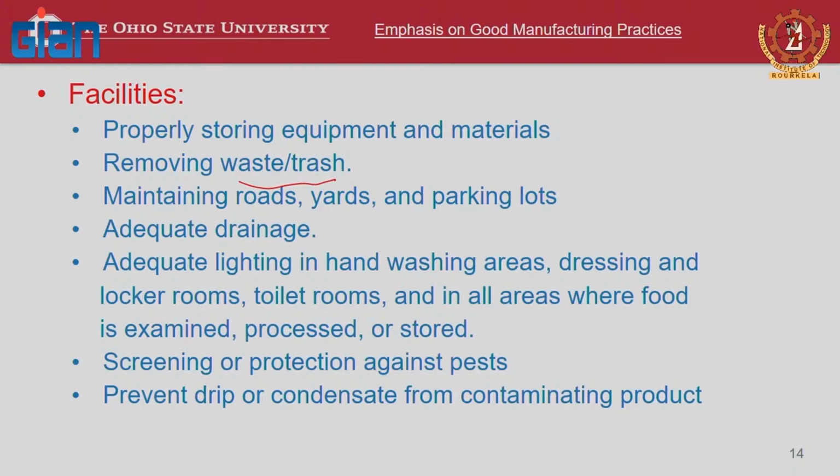And then you also need to have protection against pests. In some areas processing plants may be open and birds can fly in and excrete things, and that can unintentionally contaminate things. I think some of you may have heard about this.